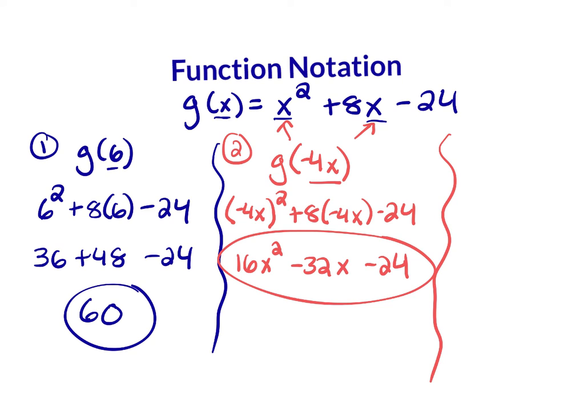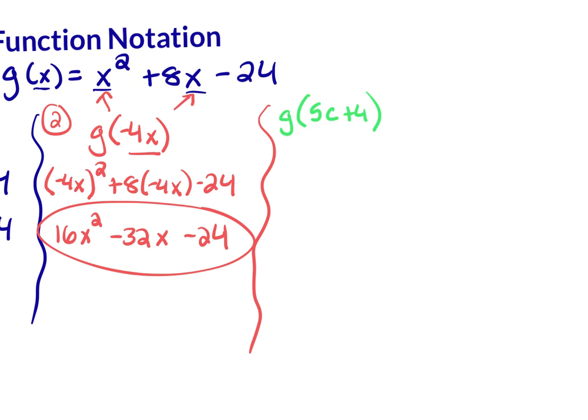All right, last example, this time a little bit more complicated: g of 5c plus 4. So 5c plus 4 in for my x's. I have 5c plus 4 squared plus 8 times 5c plus 4 minus 24.